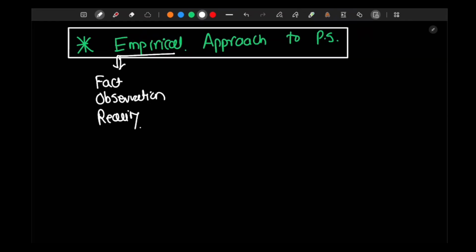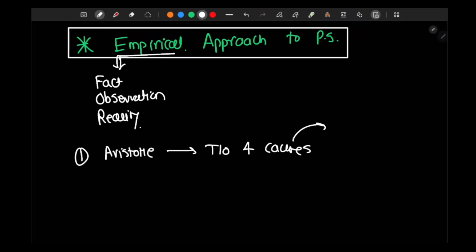Right. We can see the origin of the empirical approach in Aristotle, in his theory of four causes. By observation, he has given four causes: material cause, efficient cause, final cause, and effective cause.